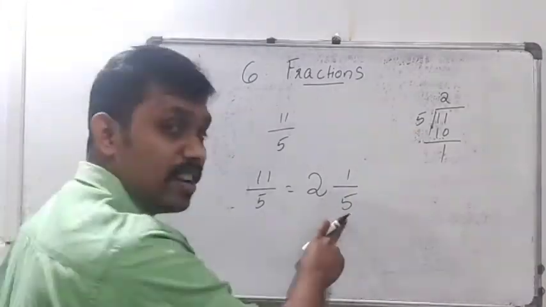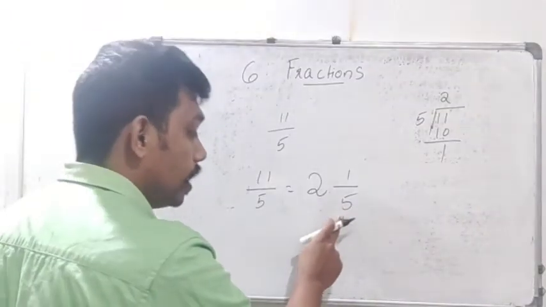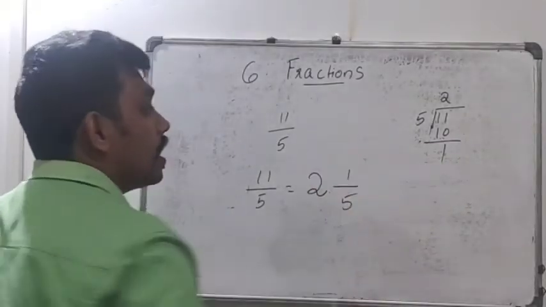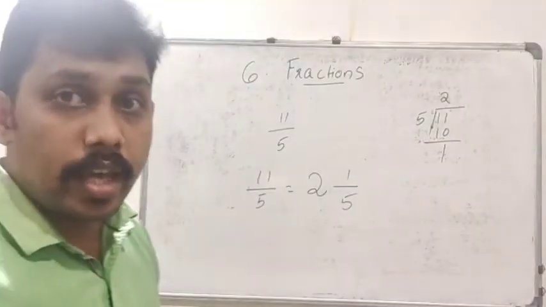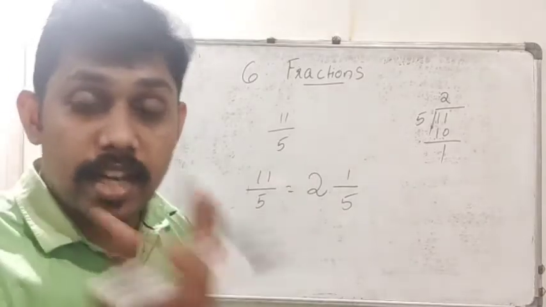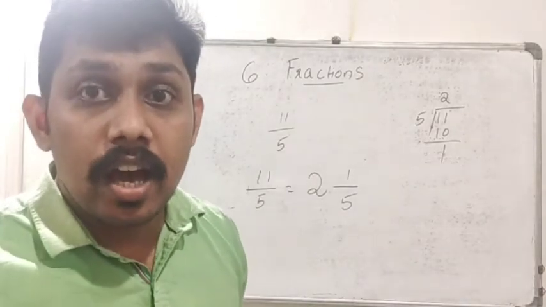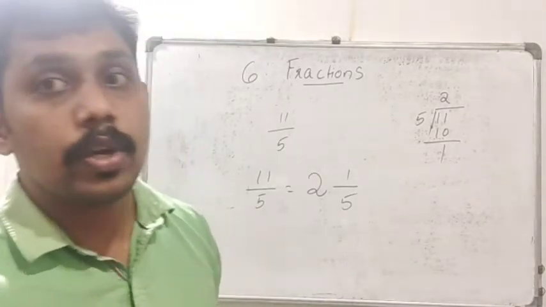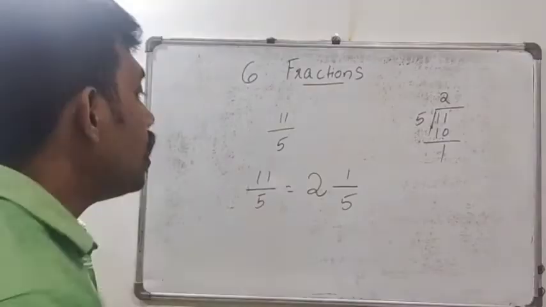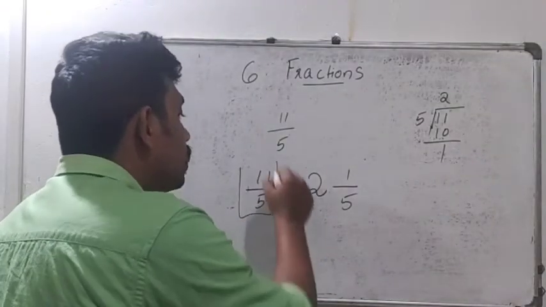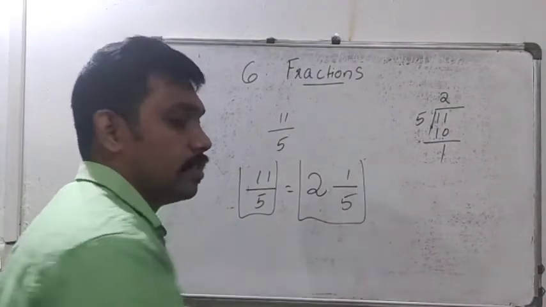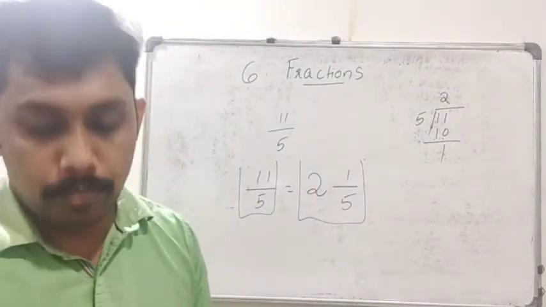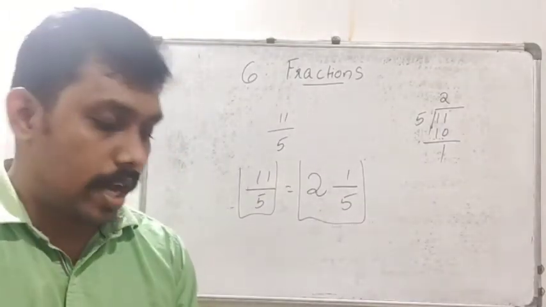Write the divisor as the denominator and the remainder as the numerator. So here we have the improper fraction and the mixed fraction.